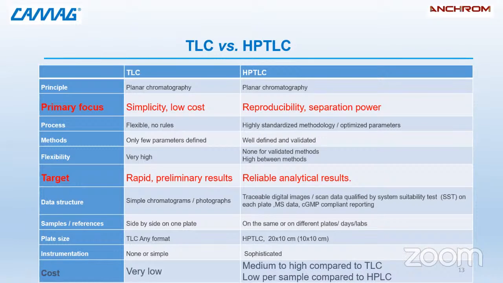This is possible by means of HPTLC, because we have a highly standardized methodology with optimized parameters. In TLC, the target used to be rapid and preliminary results, but in HPTLC, our focus is on reliable analytical results.